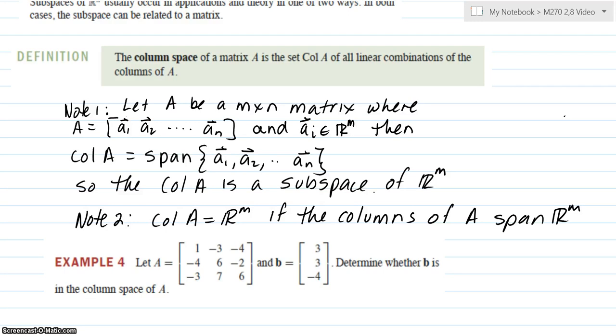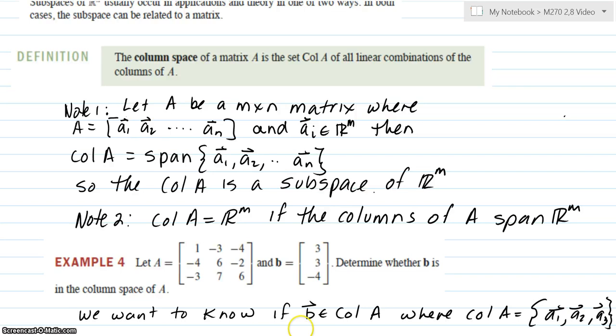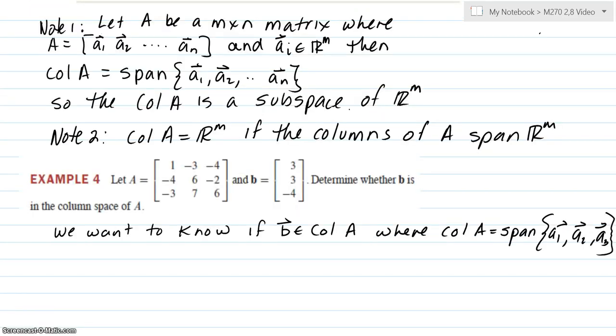Example 4 states that if you have a matrix, here it is, and a vector B, determine whether B is in the column space of A. So in other words, we want to know if B is in Col A, where Col A is the span of A1, A2, A3.